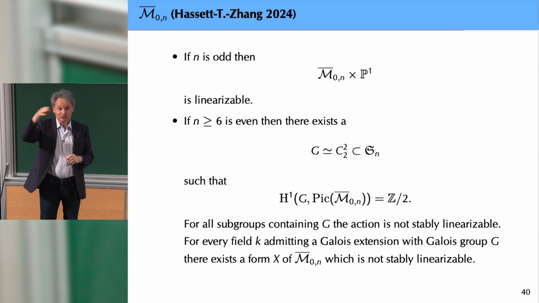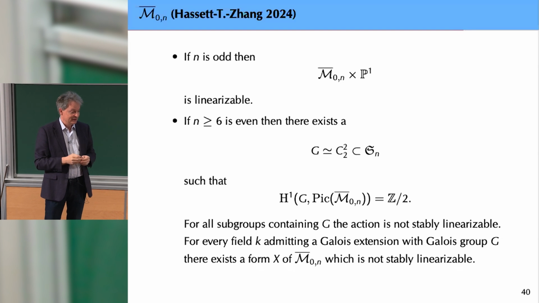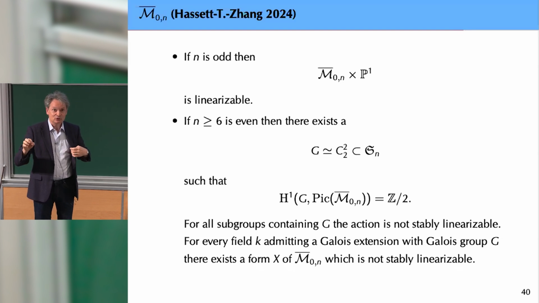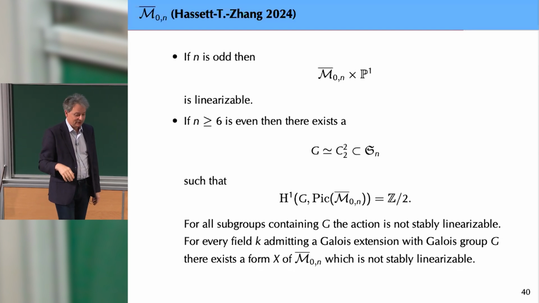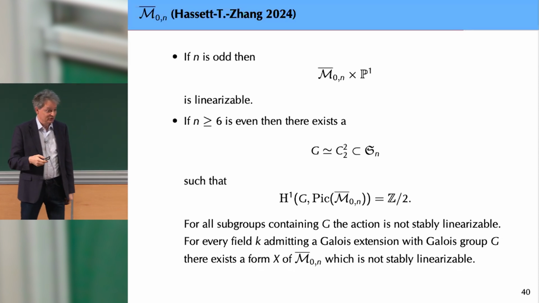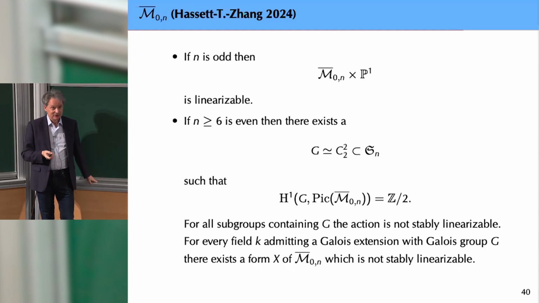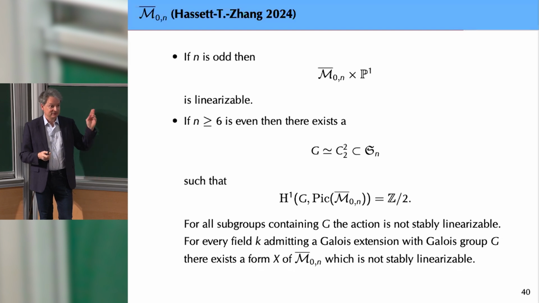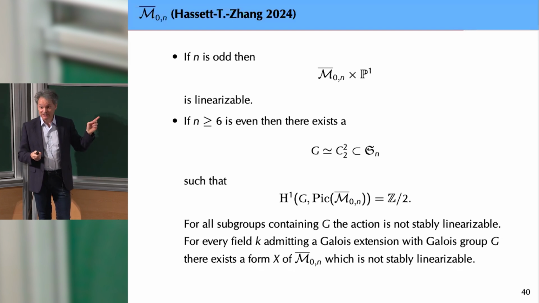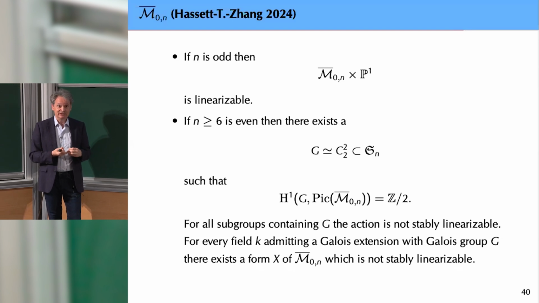So it's like (P1)^n modulo SL2 with symmetric linearization. Now, if you look at the class group of that variety Xn, if that class group is, as a G-module, stably permutation, then we prove stable linearizability. Of course, the expectation would be that if the Picard group of M0n bar is a stably permutation G-module, then you have stable linearizability. But that we cannot prove at the moment.